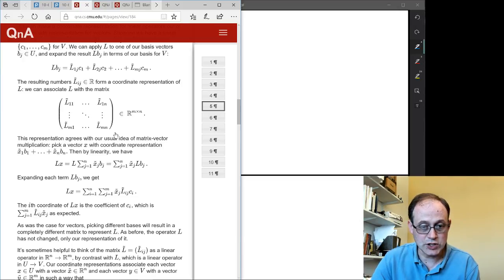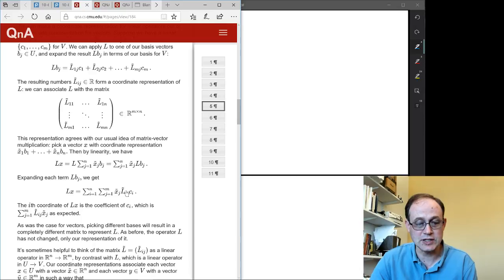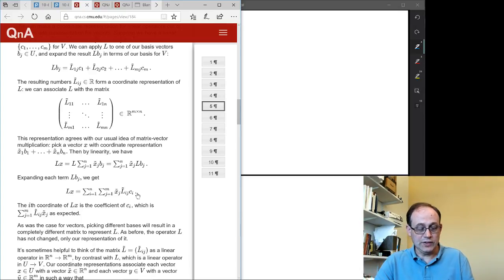But we can just take this expression and expand L bj, and we get the i sum here, and this expression inside. What this is telling us is that we now have an expression of L times x in terms of multiples of ci.